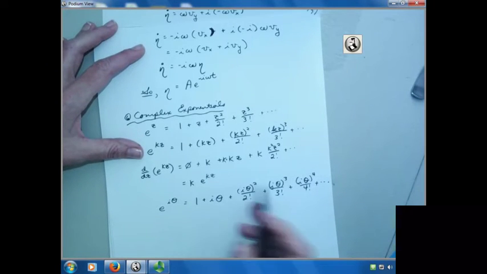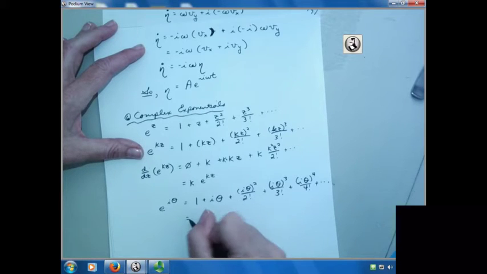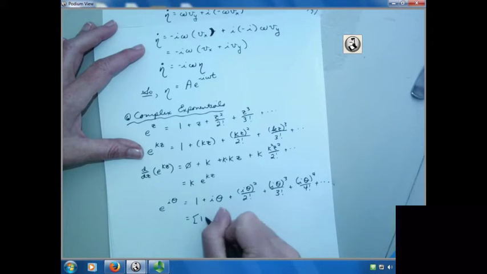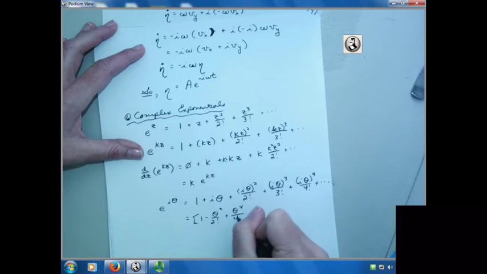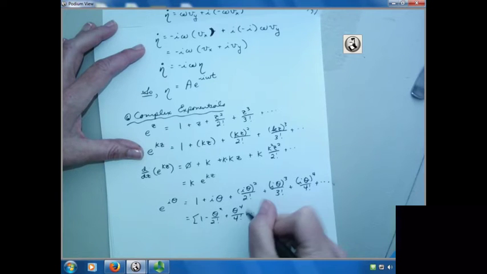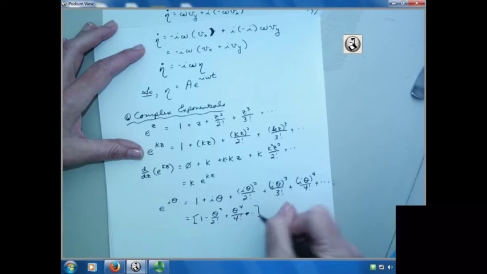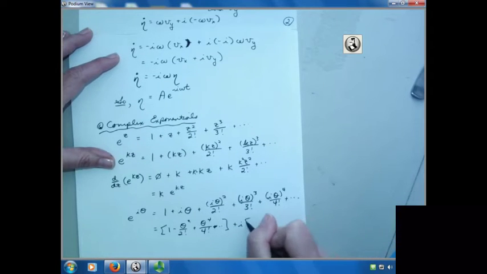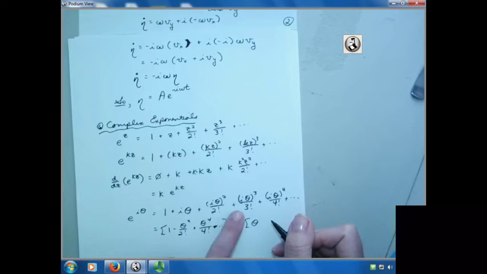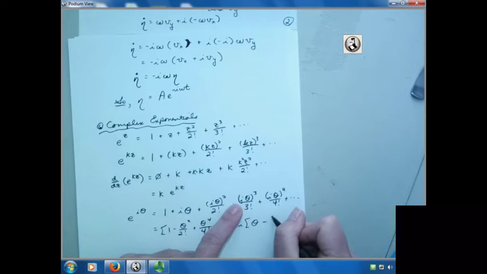And what I have is I can gather up all my real terms, and I'll get 1 minus theta squared over 2 factorial plus theta to the 4th over 4 factorial, minus and so on, plus i times theta, minus theta cubed over 3 factorial, plus and so on.